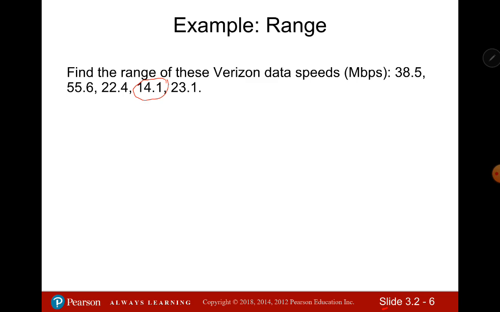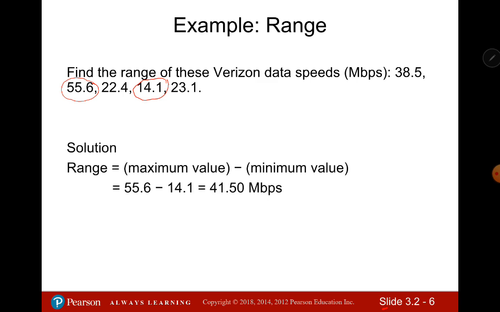And we also need to figure out which one is the greatest one. Next, we only need to use the formula, maximum minus minimum. Then we can get the range. 41.50 is our answer.